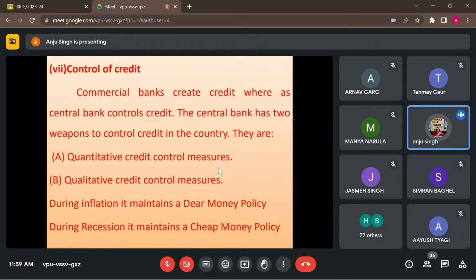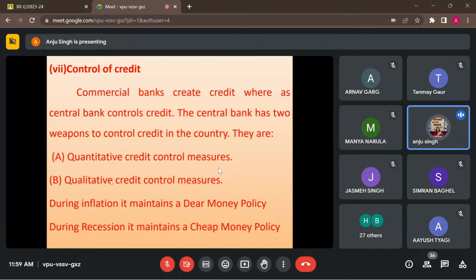So quantitative, when we say by the quantity, what aspect of borrowings do these measures control? Do they control the amount of credit in the economy, or the nature of credit in the economy? Amount will be in quantitative. Amount.